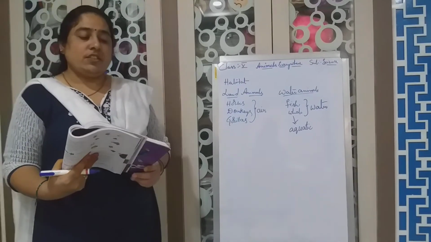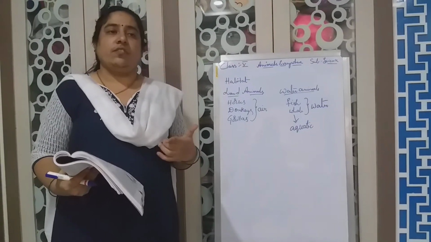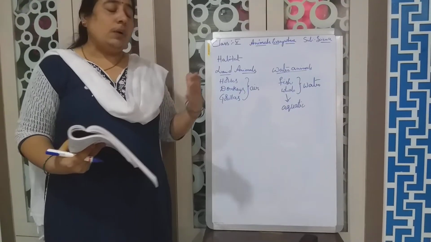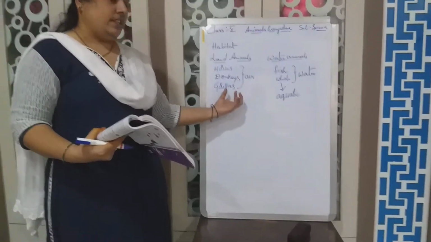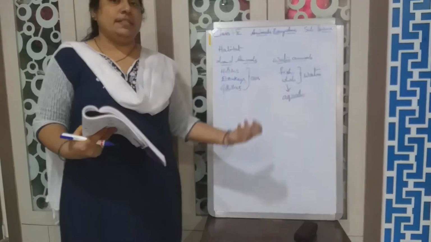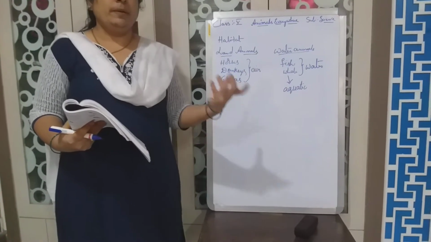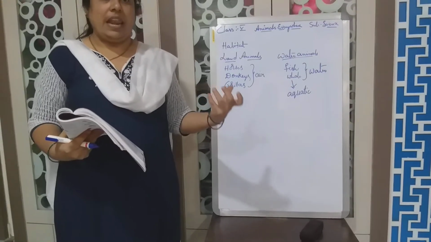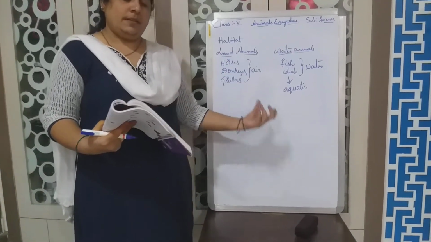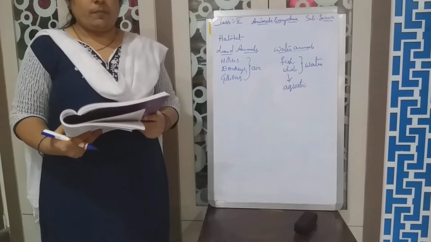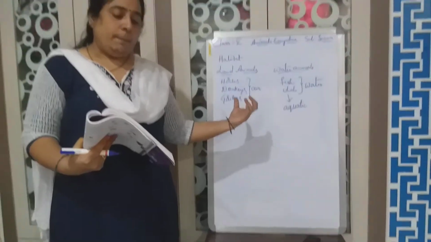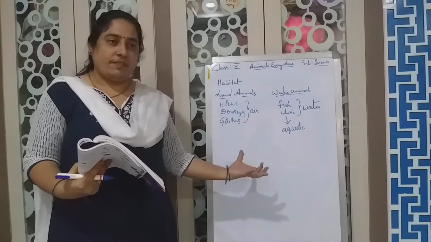Coming to organs of breathing. Through which organ do the animals breathe? We have learned how they take oxygen. Humans breathe through lungs. Microbes or microscopic animals like amoeba and paramecium breathe through their body surface.